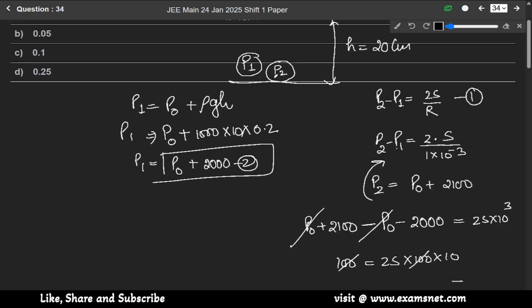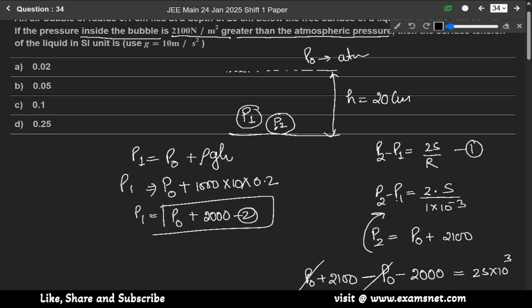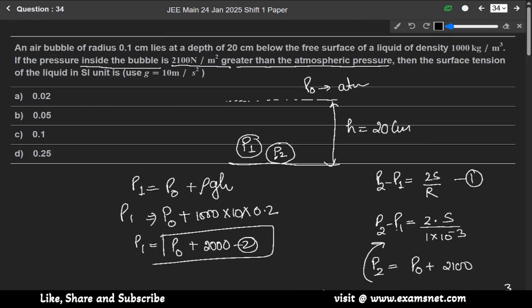So this 100 cancels out. So 2S will be equal to 1 over 10. So S will be equal to 1 over 20, meaning 0.05. So our answer is surface tension is 0.05, meaning option B is the correct answer.